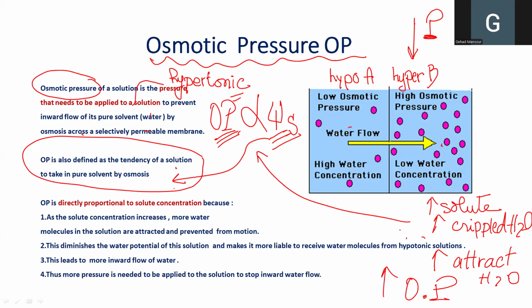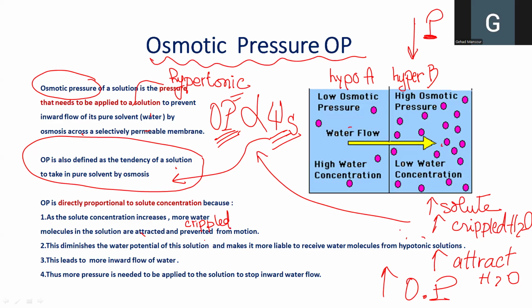Osmotic pressure, as we have just explained, is directly proportional to solute concentration because the explanation is written on the slide explicitly and these four statements are actually facts. As the solute concentration increases, more water molecules are attracted. So therefore, we can say that these molecules are crippled and they are prevented from motion.